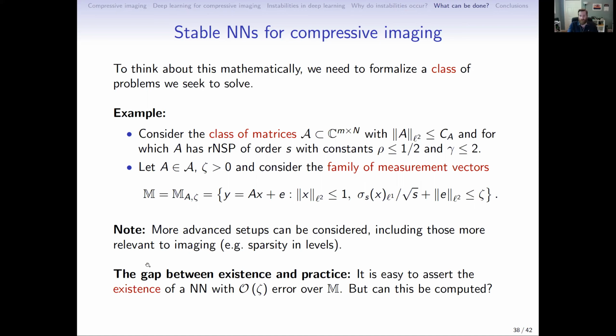And we know that there exists a neural network that can achieve the same error. So we can appeal to all this approximation theory literature on the existence of neural networks with certain properties to show that there exists a neural network that does this. But of course, we're interested in computations. We're interested in an algorithm that can compute a neural network to solve a certain problem.